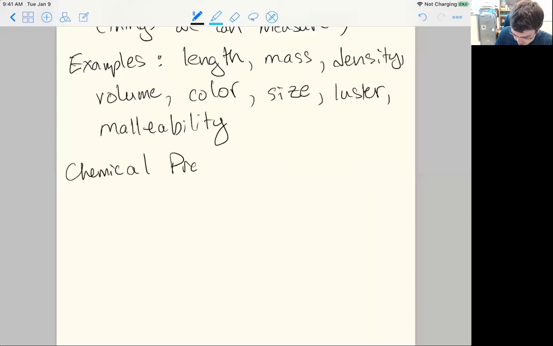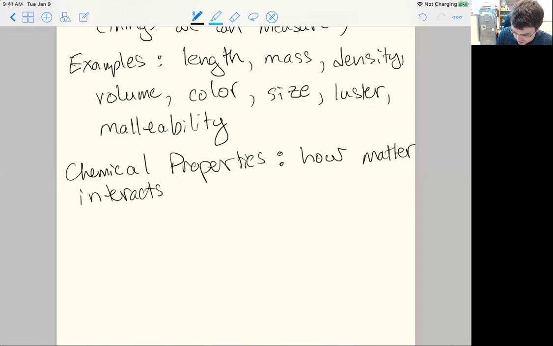I'm going to try to answer the question. I didn't write the question, but I'm going to answer it: what is a chemical property? When we're looking at chemical properties, we're looking at how matter interacts. Interacts is a very good word, but chemists really like the word react.